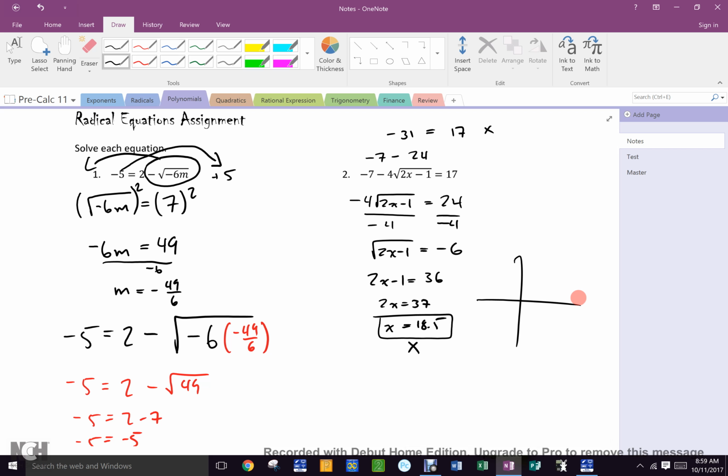Understand? Everybody good? Now, how did I know that there might be an extraneous root? Because I had to square both sides, didn't I? If I didn't square it, I could not have solved this. Everybody cool? All right. Number 3.